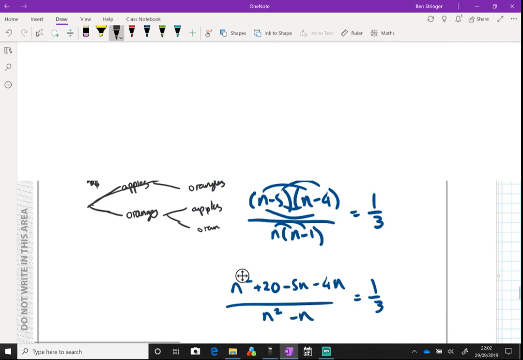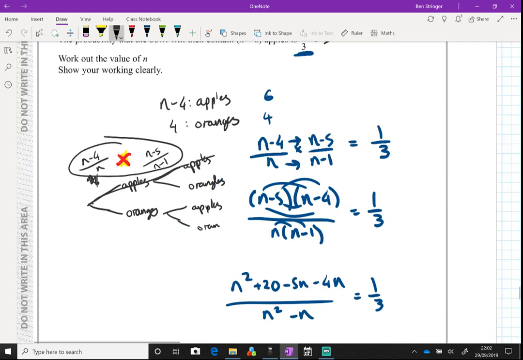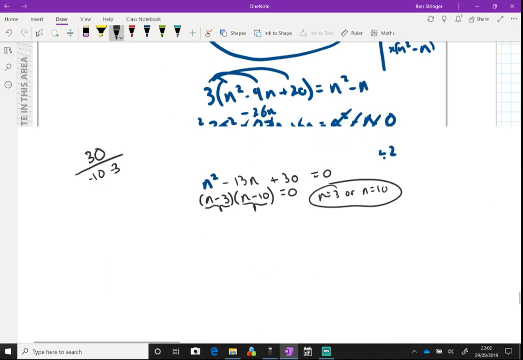Remember, 4 are oranges. You can't have 3 pieces of fruit in total if 4 are oranges. That doesn't make sense. So there must be 10 pieces of fruit in total.